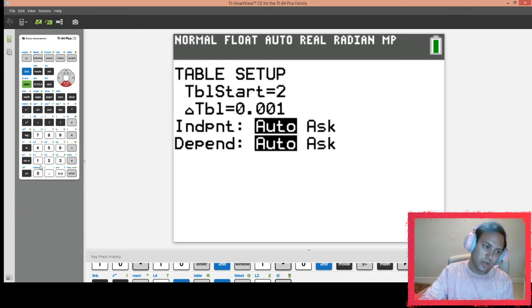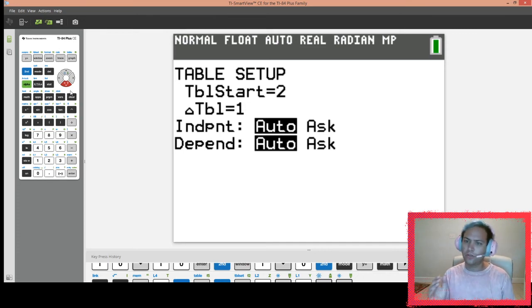My delta table, like I said, yours probably says 1. I don't want to look at the graph as 1, right? I don't really care what's happening at 0 and 1 and 3 and 4, because while it's telling me what's happening as we're approaching 2, it's not going to be specific enough because it's one whole unit apart. I want to see what's happening in tiny little increments.